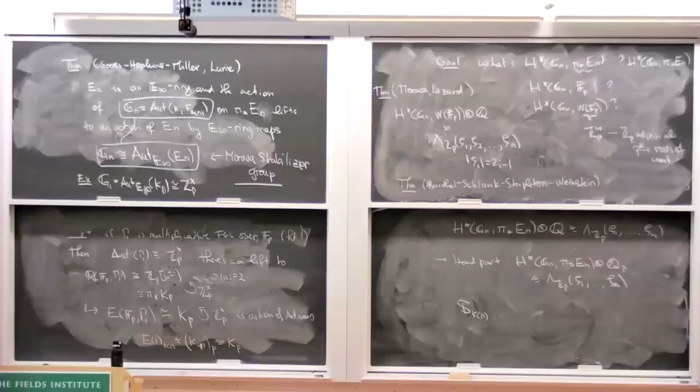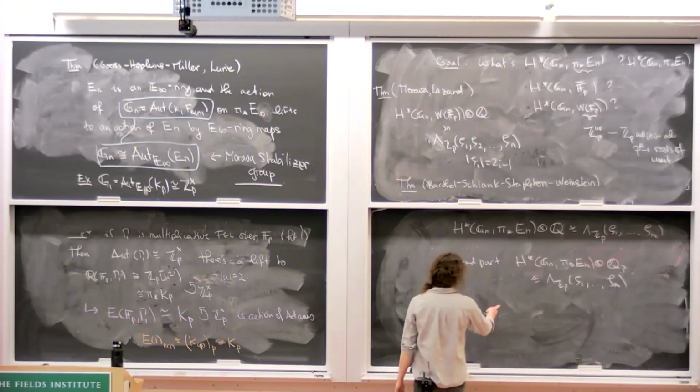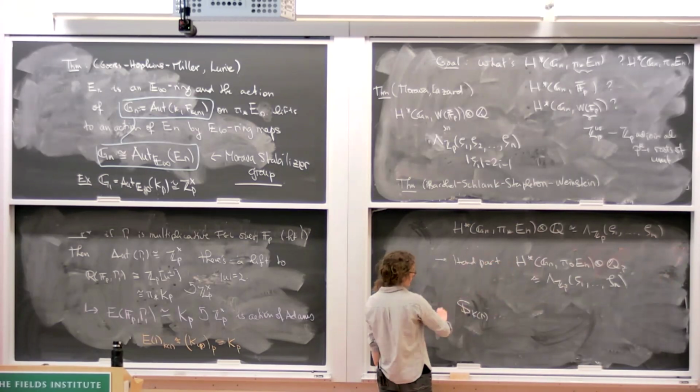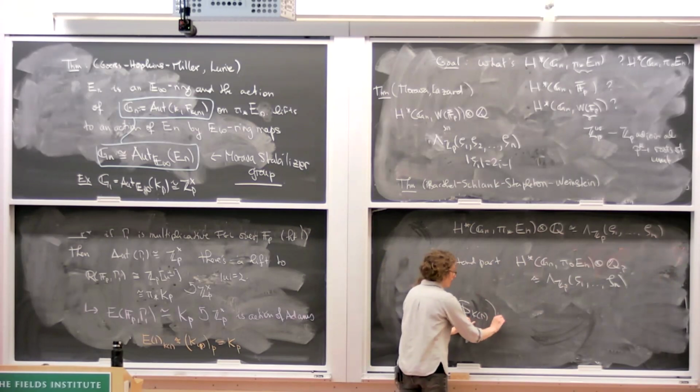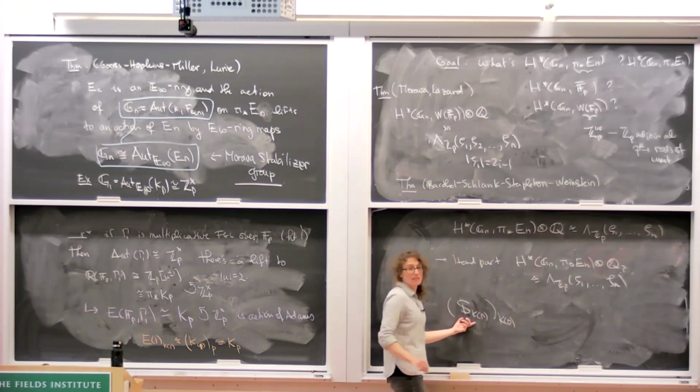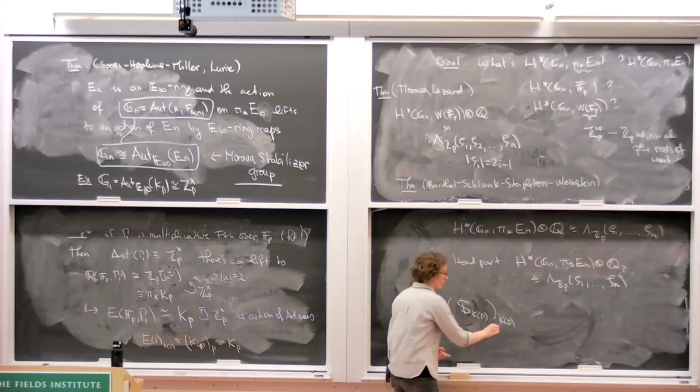I didn't tell you anything about the grading, but this doesn't seem like a lot of stuff, right? This is very small. It turns out that once you tensor with Q, there's no space for differentials. So if I tensor this spectral sequence with Q, I get the rationalization of this thing. That's like taking K_0, right? Because this is Q.